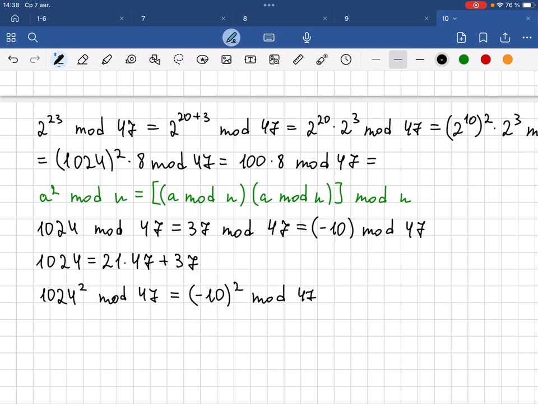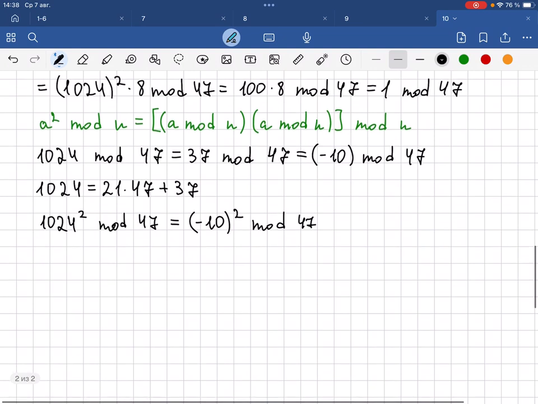So this is 800 mod 47, which gives us just 1 mod 47. So we proved that 2 to the power of 23 equals 1 mod 47.